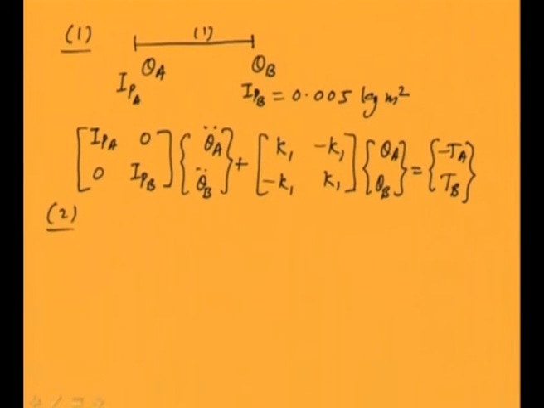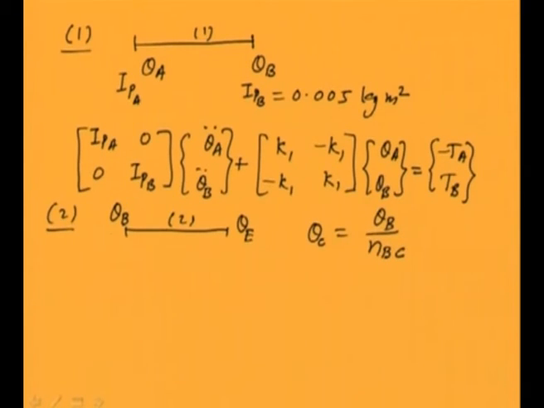Similarly, for element 2, here we have theta B, and here we have theta E. Theta C is related with theta B by gear ratio BC.